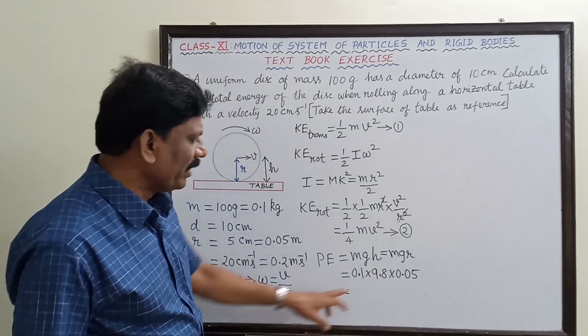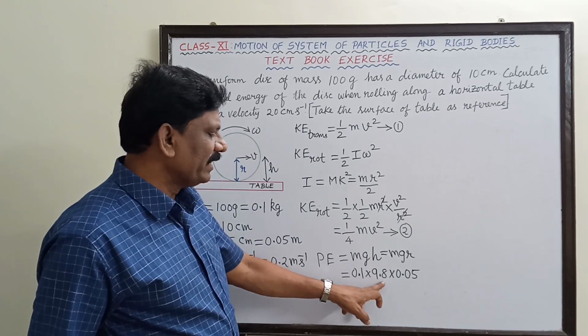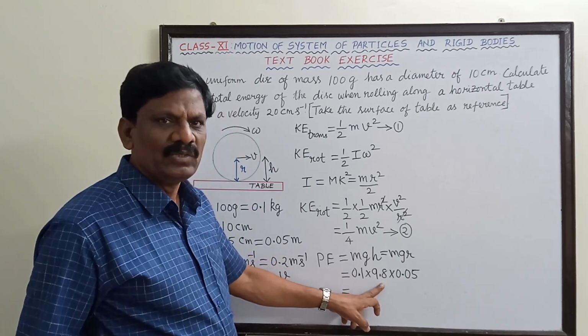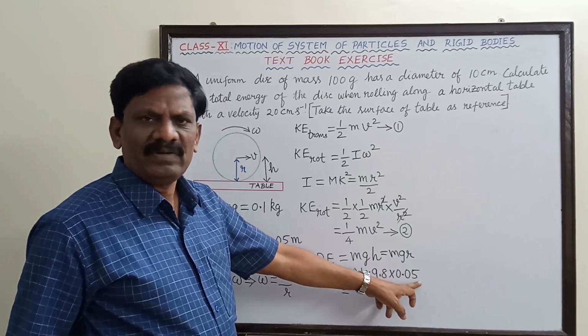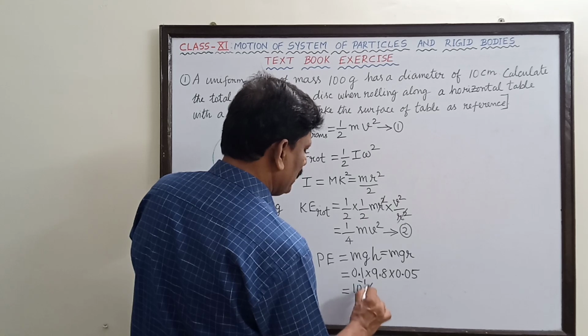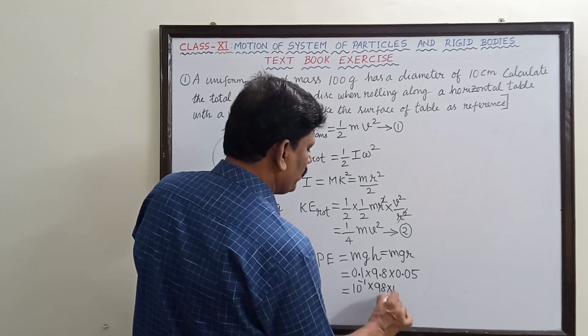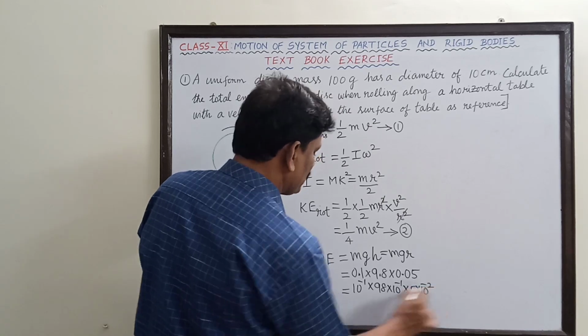Now you will see here 0.1 is 1 into 10 power minus 1. And 9.8 can be written as 98 into 10 power minus 1. And this is 5 into 10 power minus 2. So this can be written as 10 power minus 1 into 98 into 10 power minus 1 into 5 into 10 power minus 2.